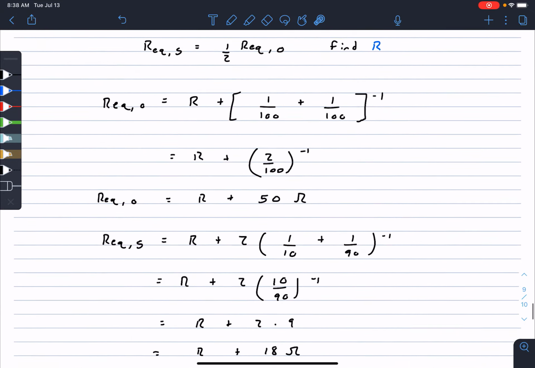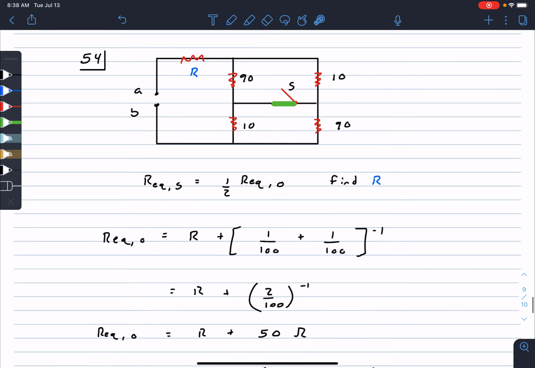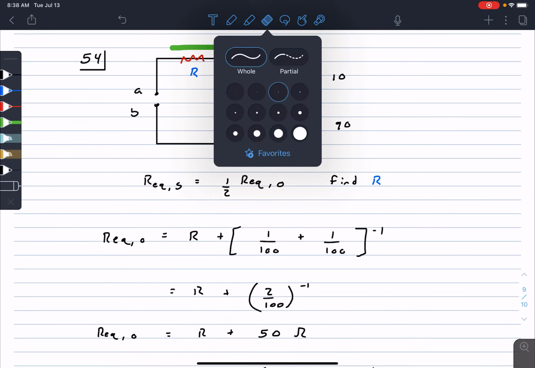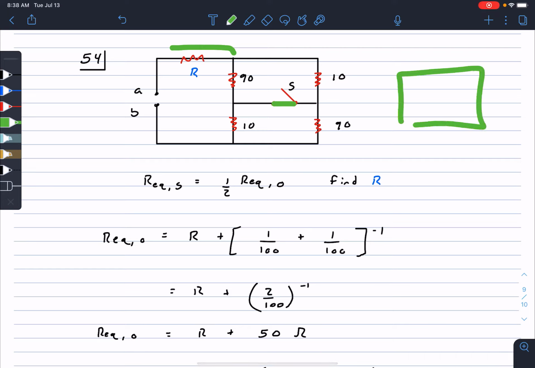Just before I move on, I want to explain that just a little bit better. Again, we're taking these two things in parallel, 1 over 90 plus 1 over 10. This is also 1 over 10 plus 1 over 90. And these happen to be in series with each other. So we have a current that would flow this way, and if we redrew this, we essentially have two of the same in series.